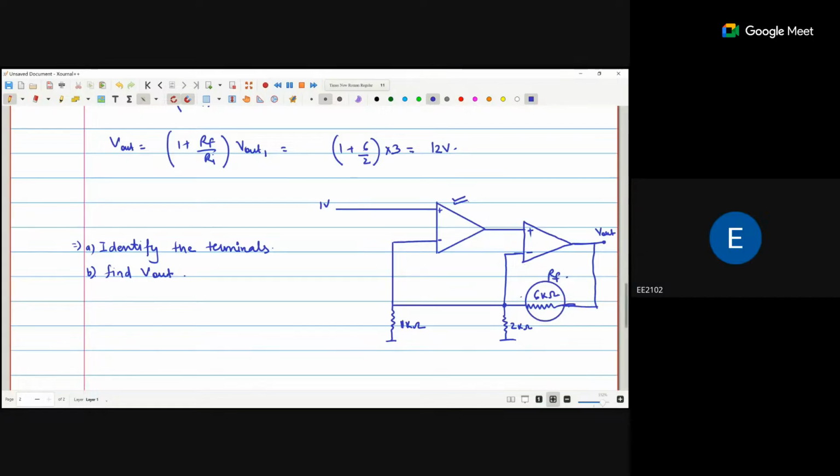Now, before starting of this class, we discussed that an op-amp in negative feedback behaves as a virtual ground.